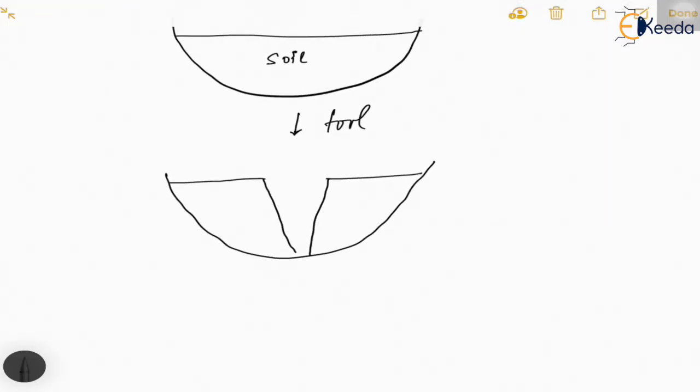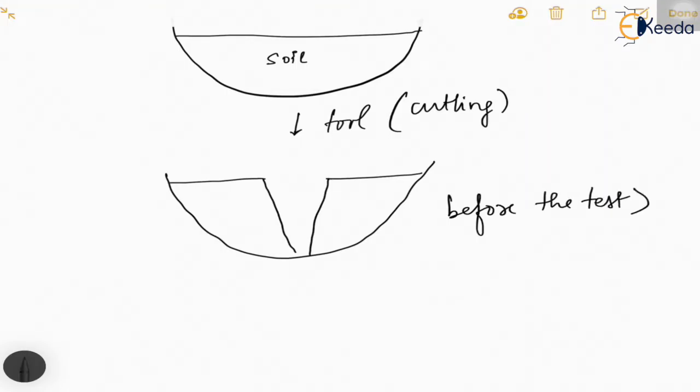So this is after the cutting of the soil sample and just before the test. This is the condition of the sample.